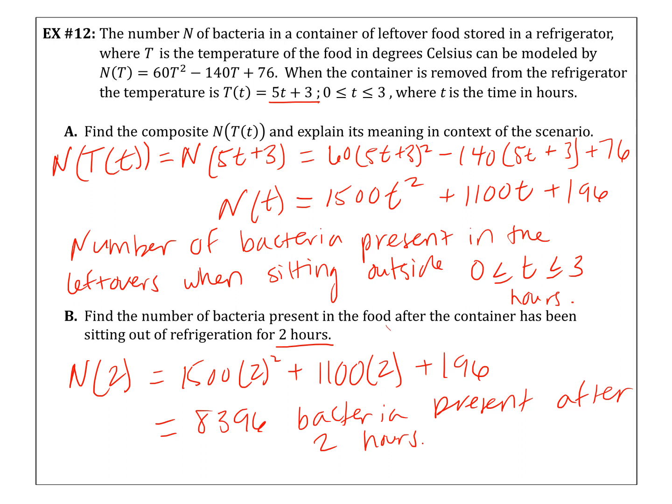Okay. Also, if I need to find the temperature that took place here, I could also find T of t. So just a side note, if I need to find temperature, it would just be T of 2, which equals 5 times 2 plus 3.